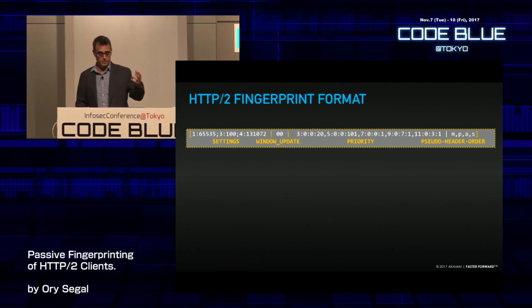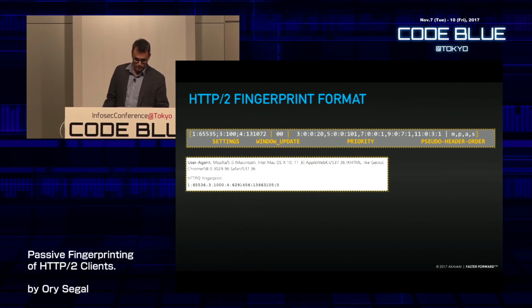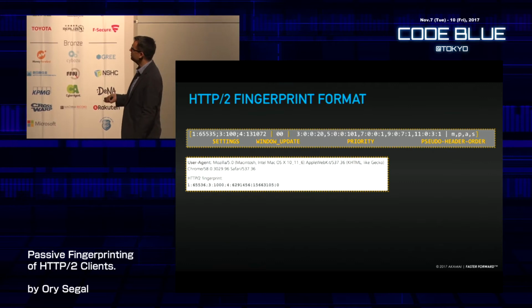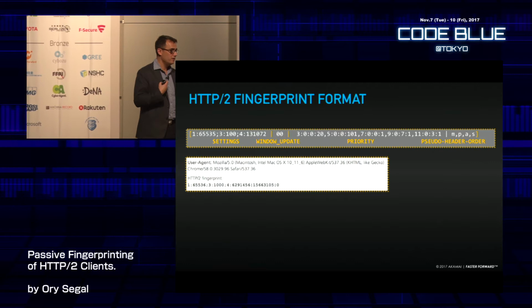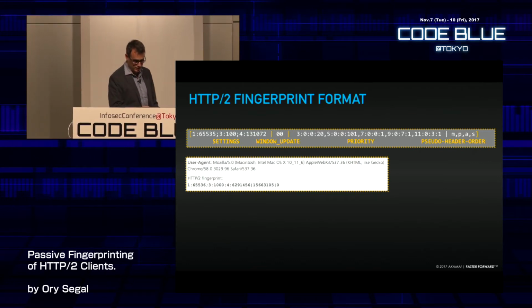So method, authority, the path, and the scheme. Let's take a look at a few real world examples from clients. This is Chrome 58 on my MacBook Air. I updated since then. And you can see the fingerprint here.